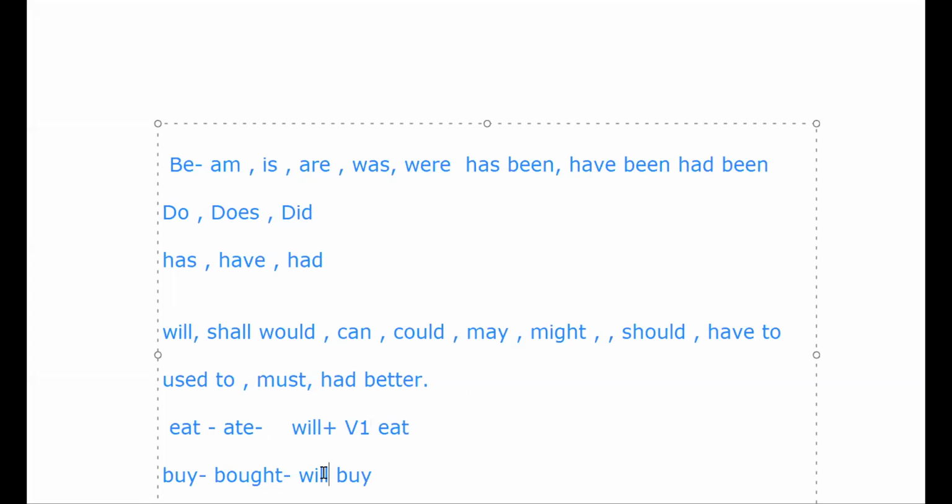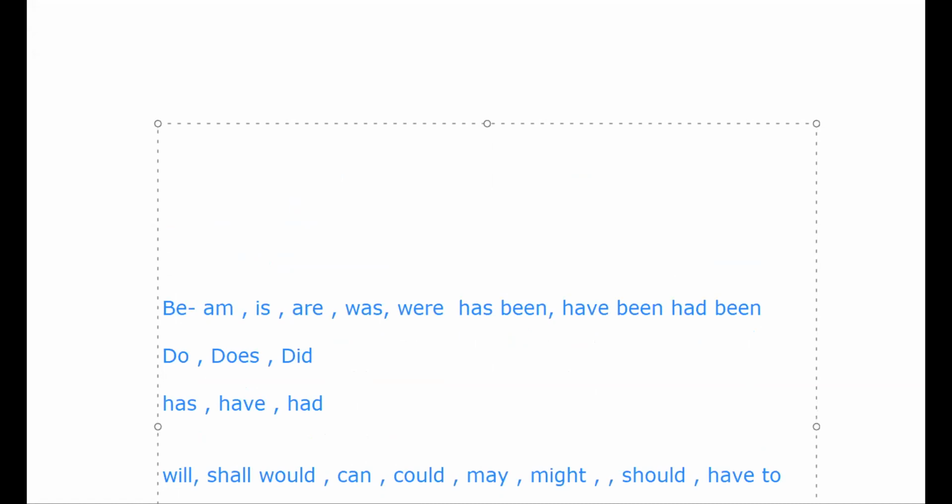Understand this one. The future form of any action is will plus V1. Literally anything. Fine. Okay. Why am I specifying this? I'll tell you.